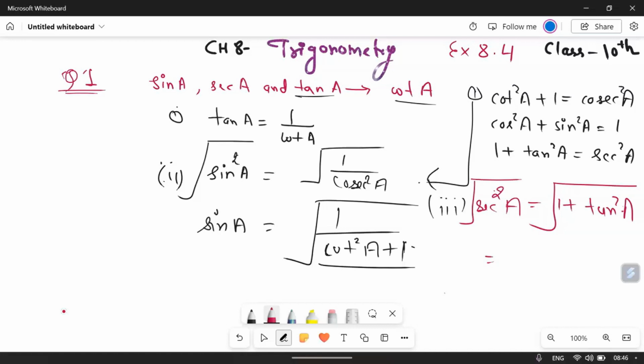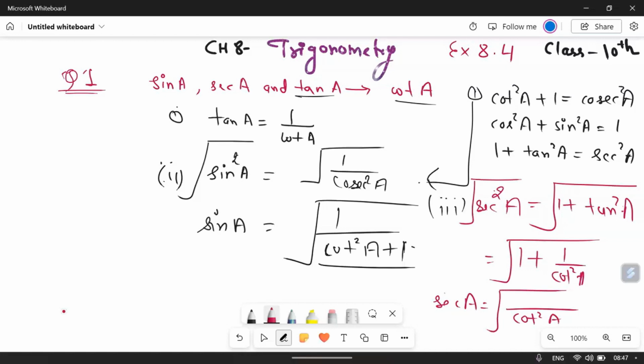Now 1 plus tan square A. So I can write down like that. We have to convert it to cot. 1 plus 1 upon cot square A. Yeah, now you need to solve this. So what we can do here, sec A can be written as, take the LCM, cot square A, it will become cot square A plus 1.